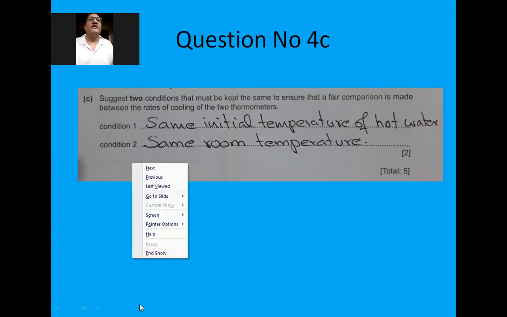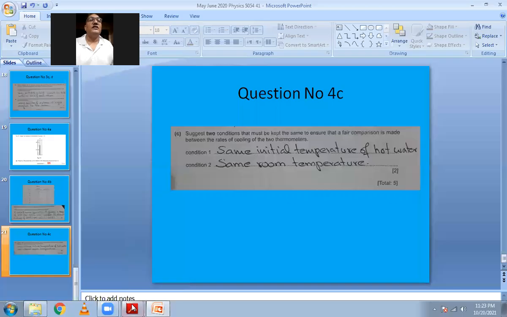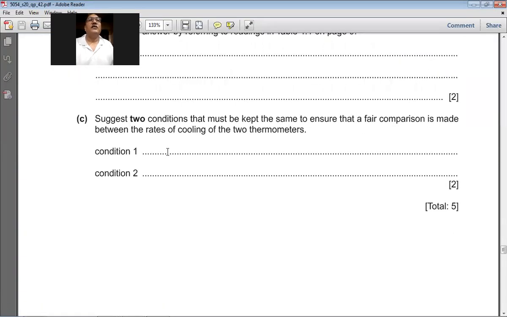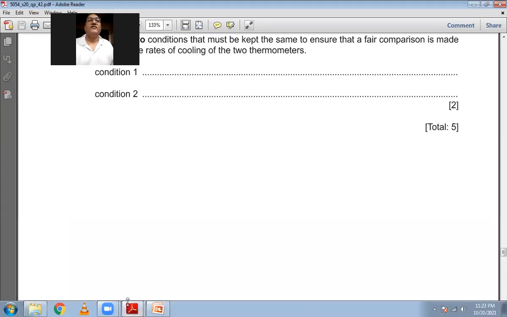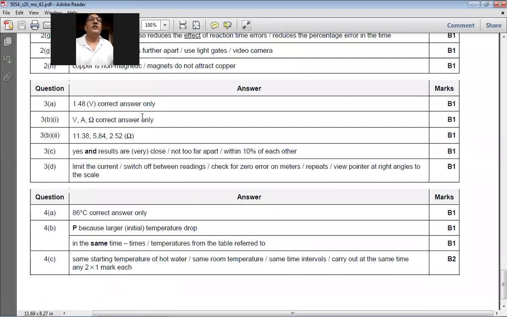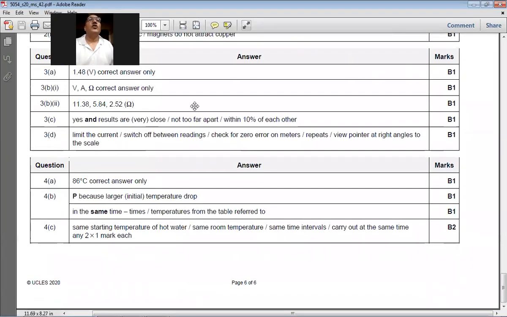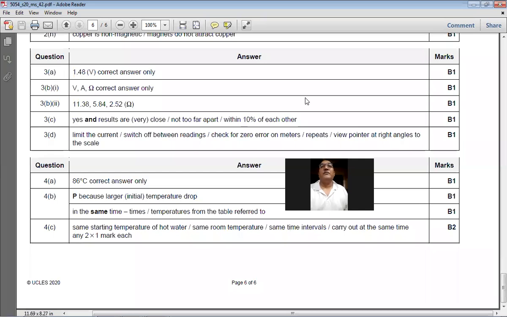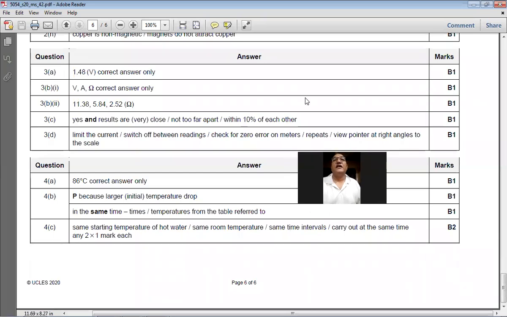So that's it. And let me show you the marking scheme. Yes, so that's the end of this paper. Let me show you the marking scheme. Okay. So on your screen, my dear students, you can see question number 4. Its answers are coming up.